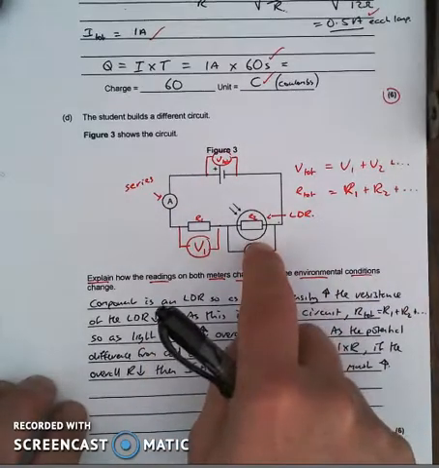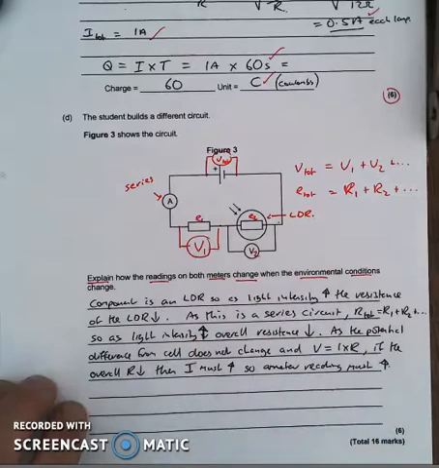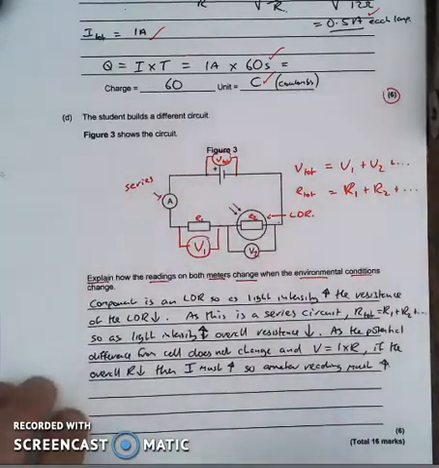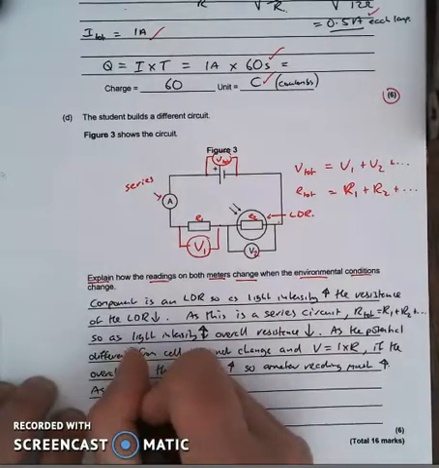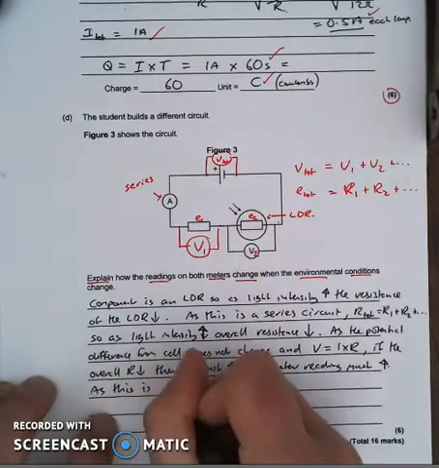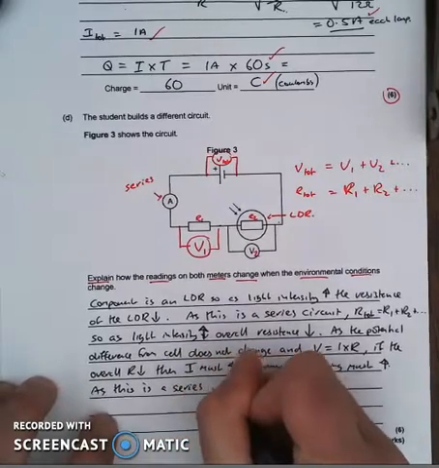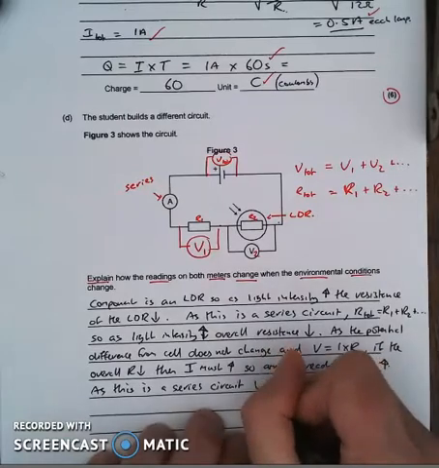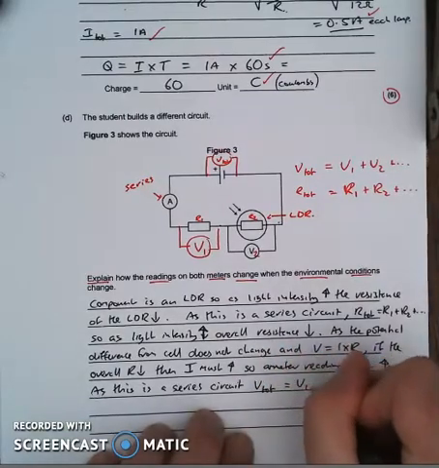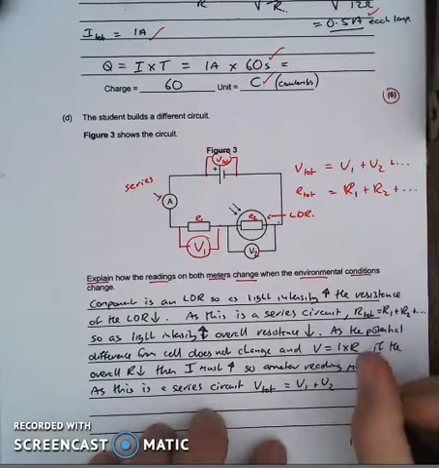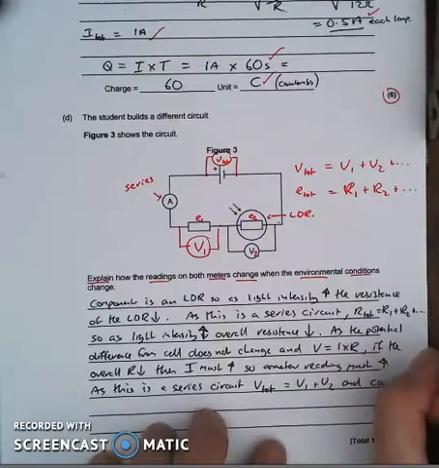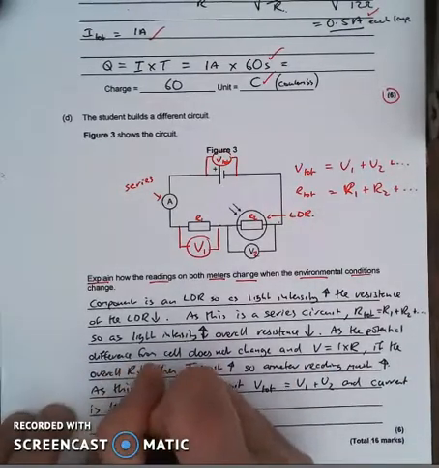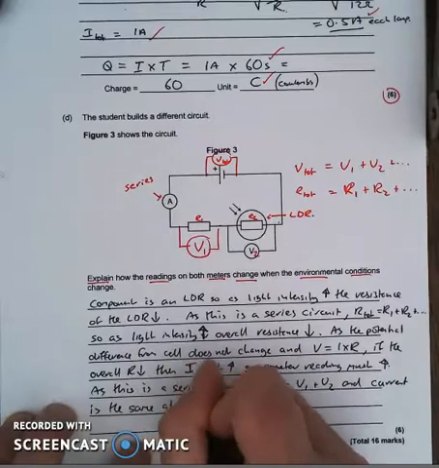And the resistance of this goes down, which means less energy is required, less potential difference is required to push those electrons through. So, again, as this is a series circuit, V total is V1 plus V2, etc. Right? And the current is the same at all points.